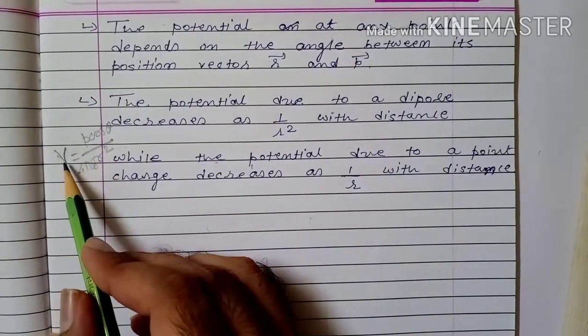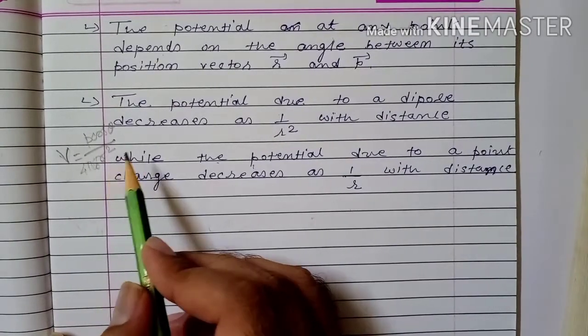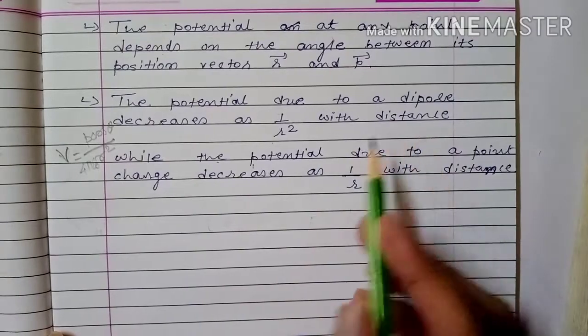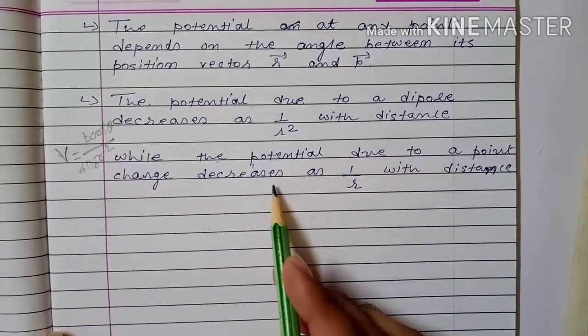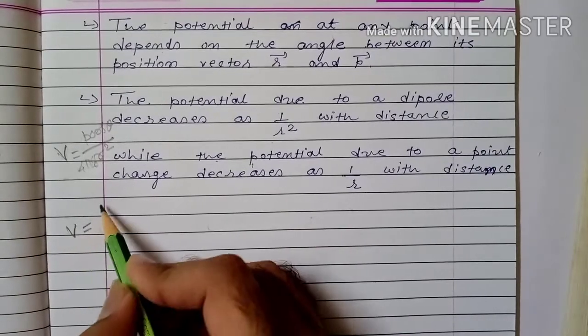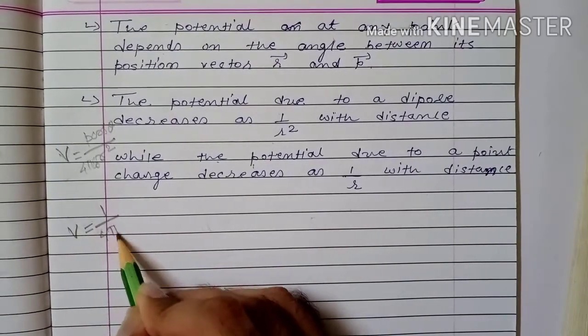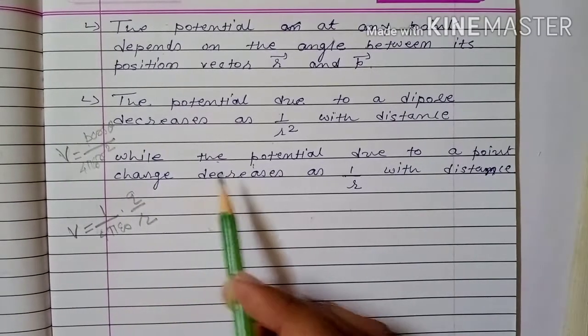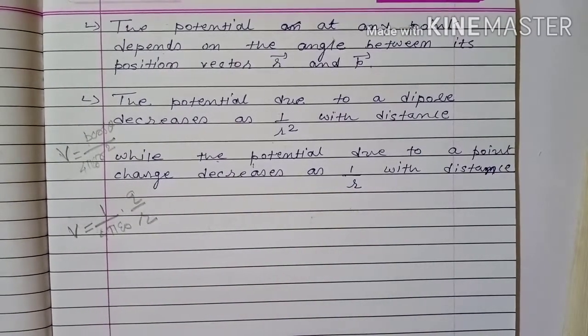So we can say that electrostatic potential decreases as 1 upon r square due to a dipole with distance, while the potential due to a point charge decreases as 1 upon r, because the formula of electrostatic potential due to a point charge is 1 upon 4 pi epsilon naught into charge upon distance. So due to a point charge, it decreases as 1 upon r.